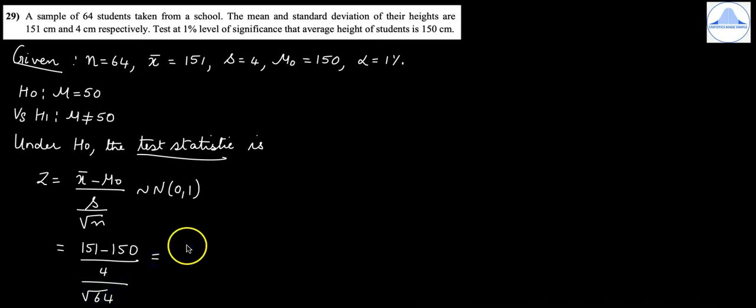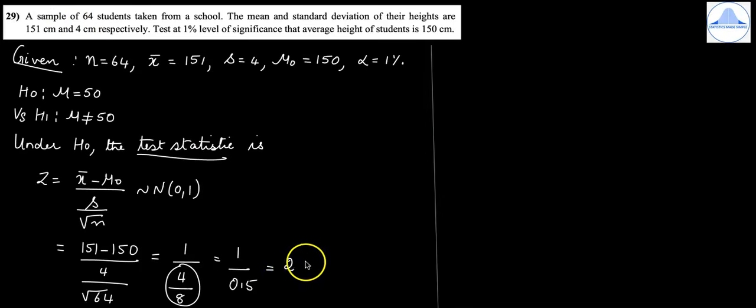So this is equal to 1 divided by 4 by 8, root of 64 is 8. 4 divided by 8 will be half, or 0.5. So 1 divided by 0.5 is equal to 2.